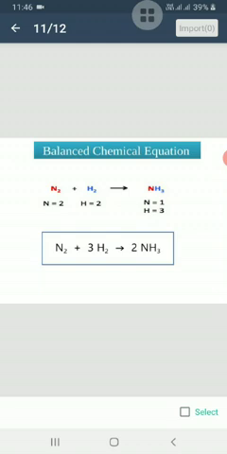We have 6 hydrogen atoms. So now the equation is balanced. And we can say that the left hand side is equal to the right hand side. This is a balanced chemical equation, and it is right. The imbalanced chemical equation is not right. So this is the correct form of a chemical equation. Thank you.